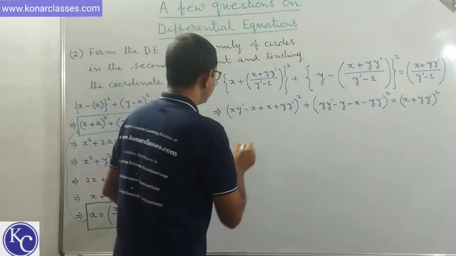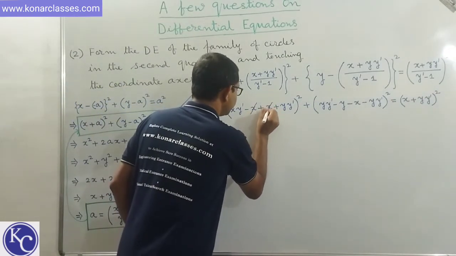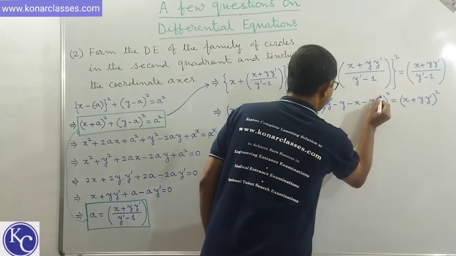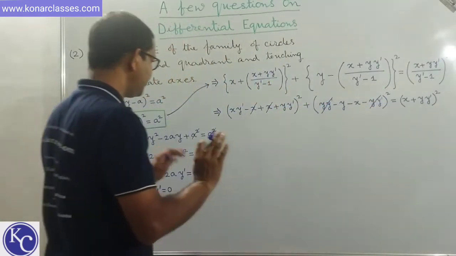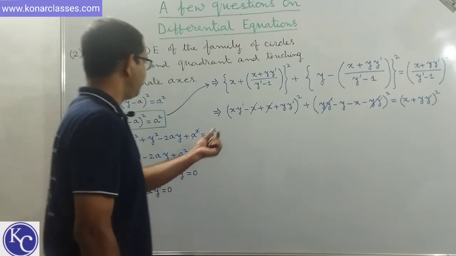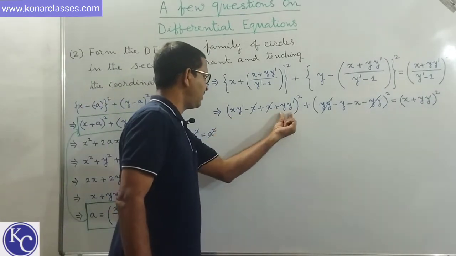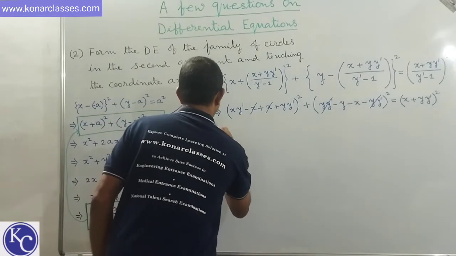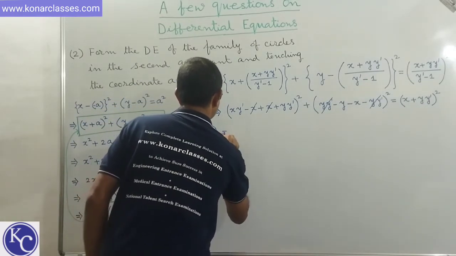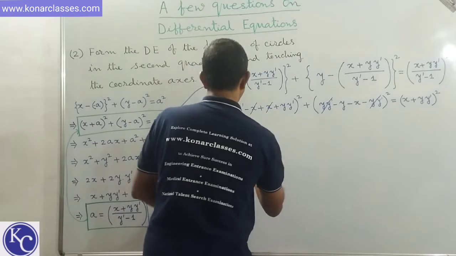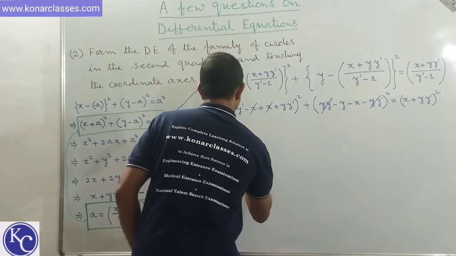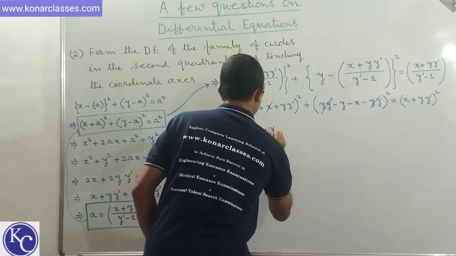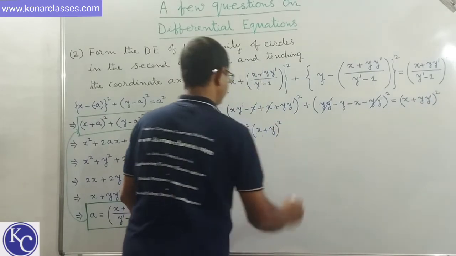So now, dear students, what we get? This minus x plus x gets cancelled. This y y dash minus y y dash gets cancelled, and we get it in a little better manner. Now if you see x y dash and x y dash, from here we can take y dash common. So this implies if we take y dash whole square common, we get (x plus y) complete whole square.